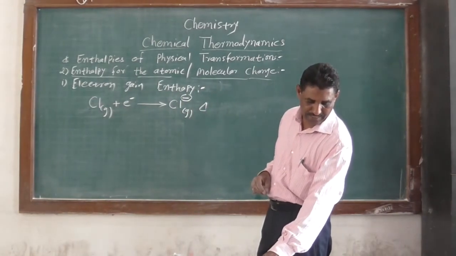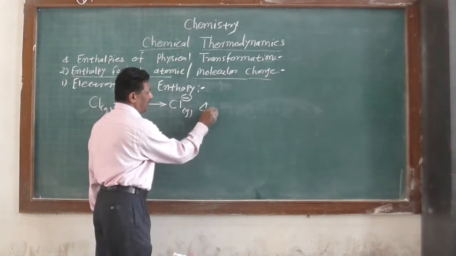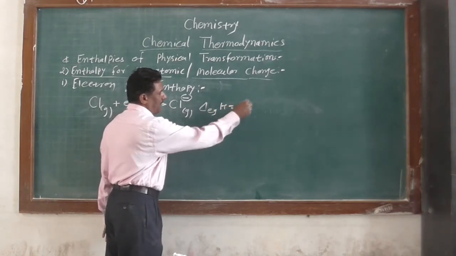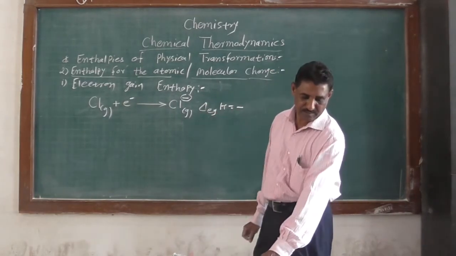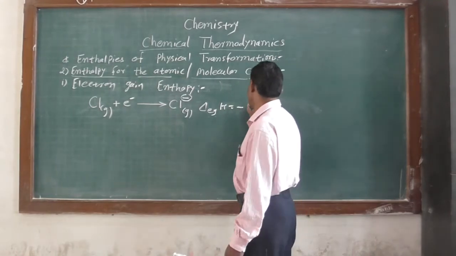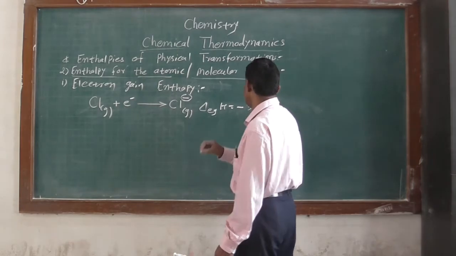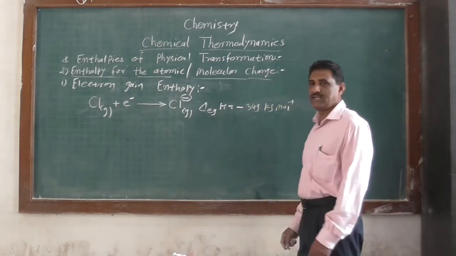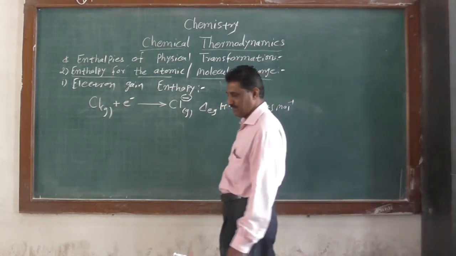Electron gain enthalpy means delta Eg. Delta Eg means electron gain enthalpy is equal to minus 349 kilojoules per mole energy. This energy is called as electron gain enthalpy.